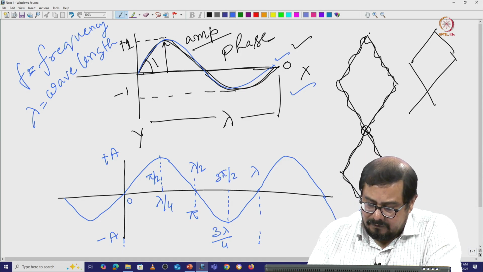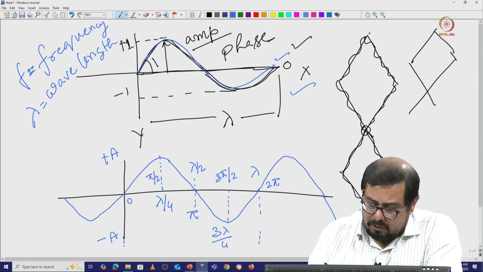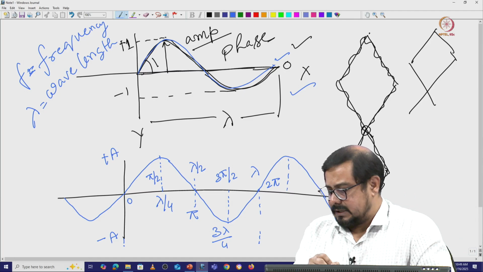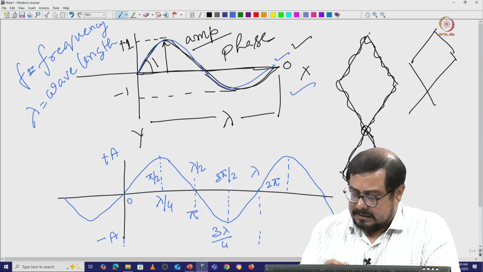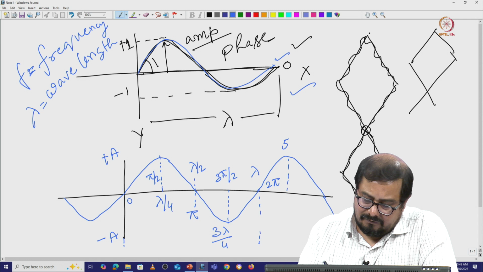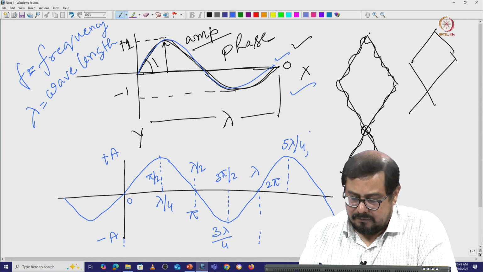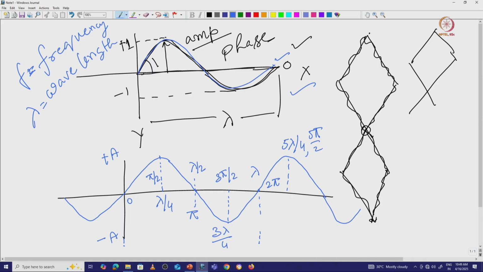Now when we have a full cycle, this is 2 pi, and it will keep going on like that. If we consider this other one, we can say that it is 5 lambda by 4 and the angle will be 5 pi by 2.